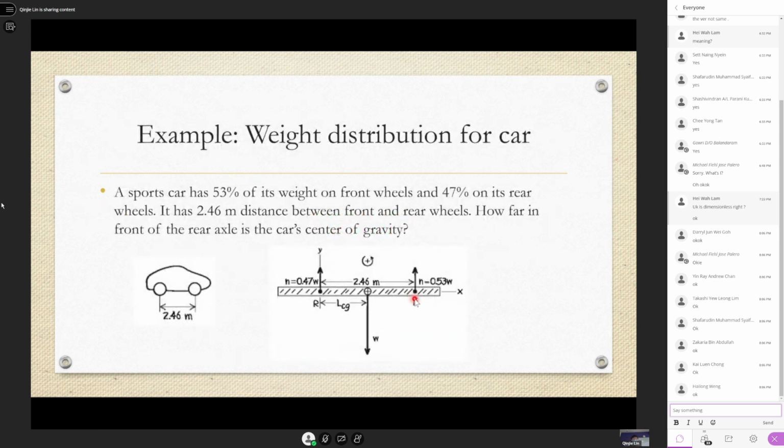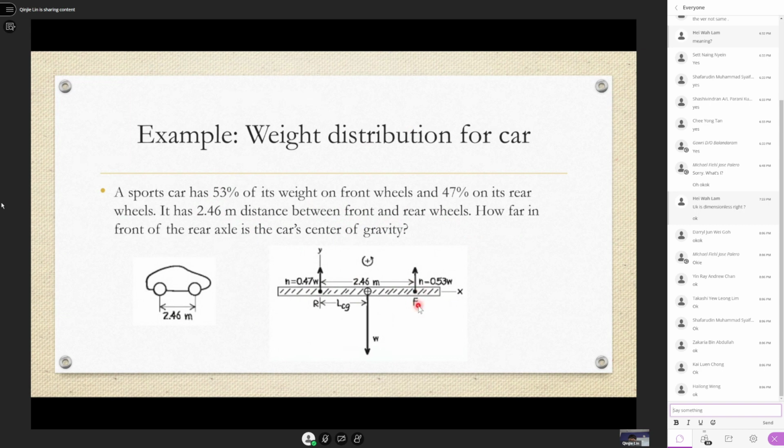Okay, so come to one simple example first. A sports car has 53% of its weight on front wheels and 47% on its rear wheels. It has 2.46 meters distance between front and rear wheels. So if you draw a simple diagram, the front wheel here, the rear wheel here is 2.46 meters apart.